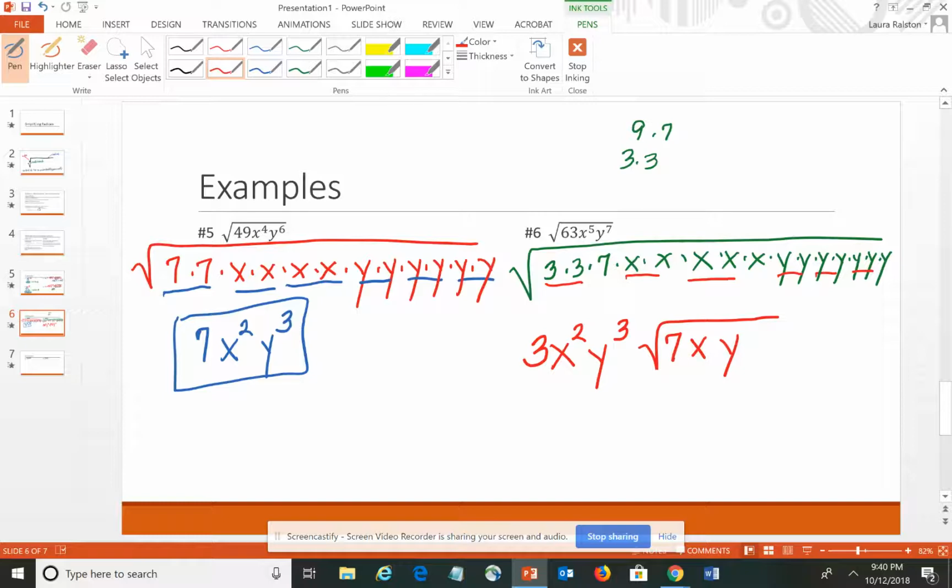And if you'll notice, 5 divided by 2 is 2 with 1 left over. 7 divided by 2 is 3 with 1 left over. So this is the final answer, 3x squared y cubed times the square root of 7xy.